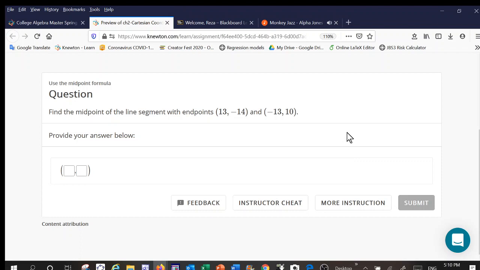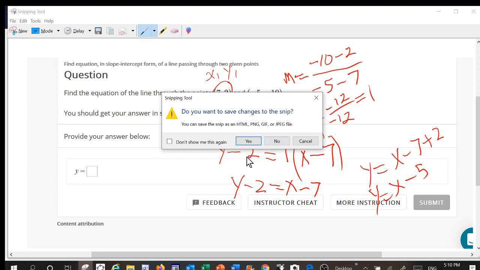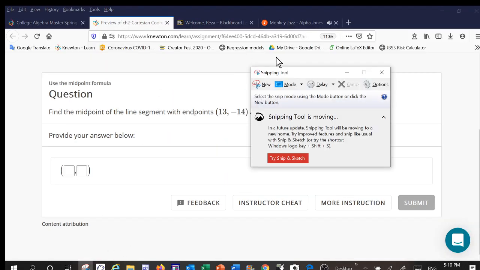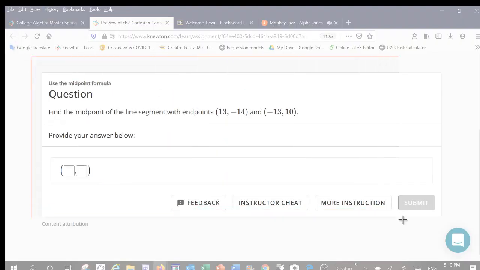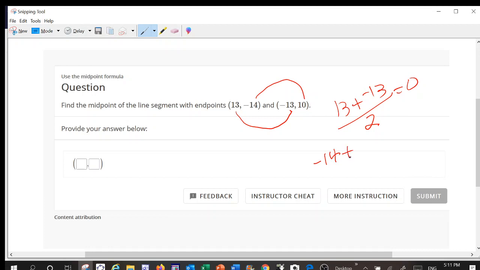Well, we know that, let me clean this up so I can write on it. So we know the midpoint, basically, the x coordinate of it would be the middle of these two numbers. That means 13 plus negative 13 divided by 2, which is really 0. And then the y coordinate would be the middle of these two numbers, which is negative 14 plus 10 divided by 2.